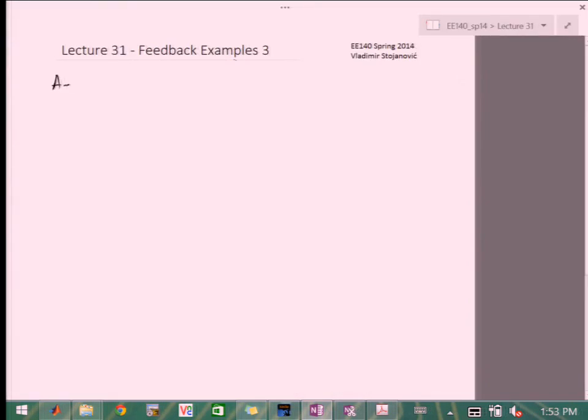Contrast, our A equivalent was minus R pi in parallel with RF times GM times RC in parallel with R pi plus RF.